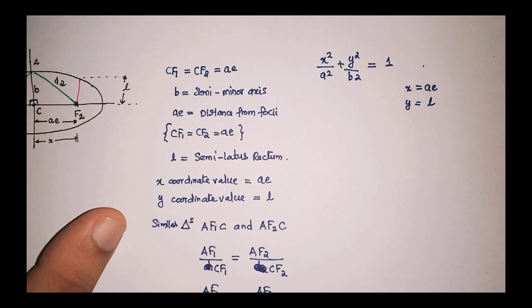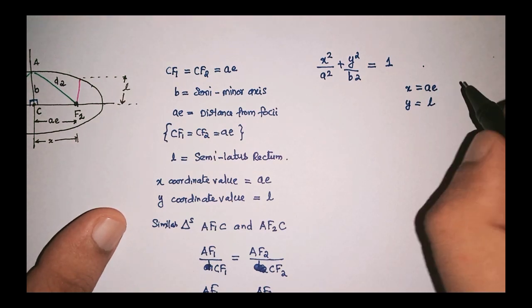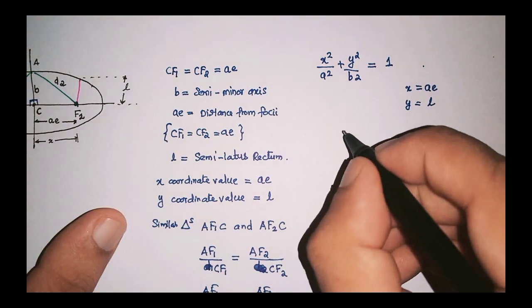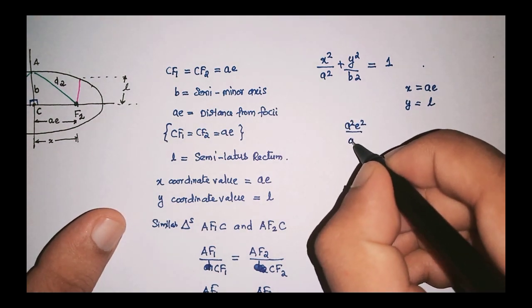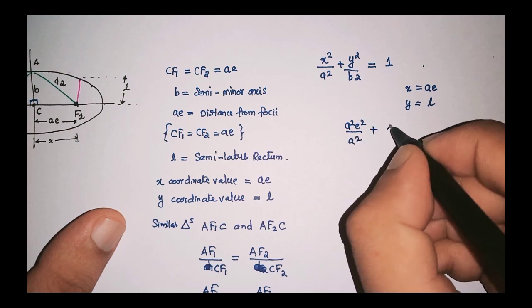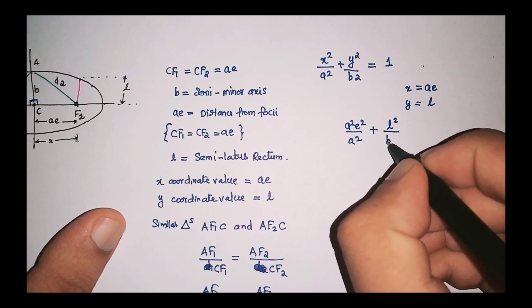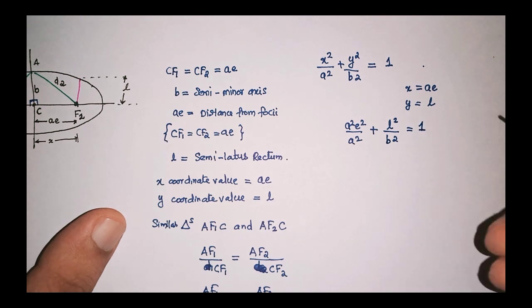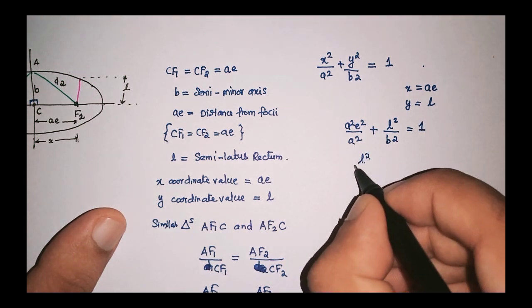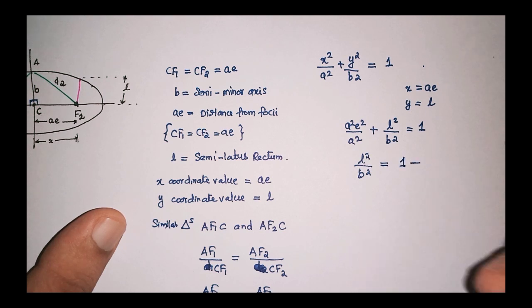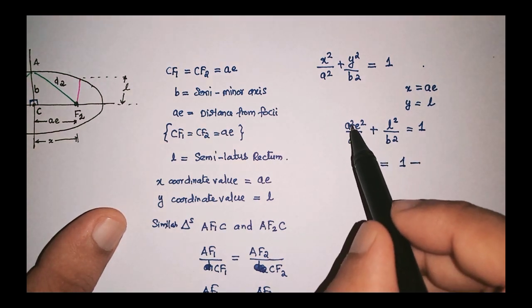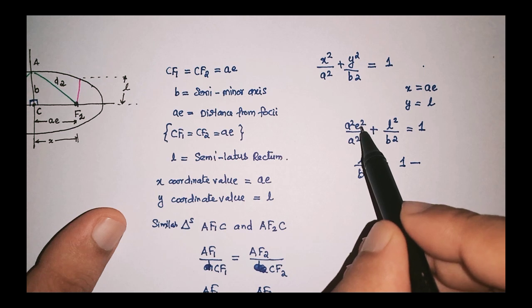If you substitute the two values in this equation, what we are going to get is a square e square divided by a square, and y is actually L square by b square, which is equal to 1. If you simplify again, L square by b square is going to be equal to 1 minus, a square and a square get cancelled, you end up with only e square.